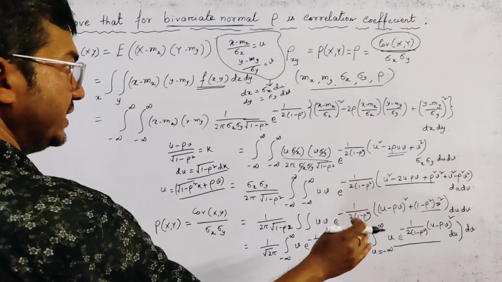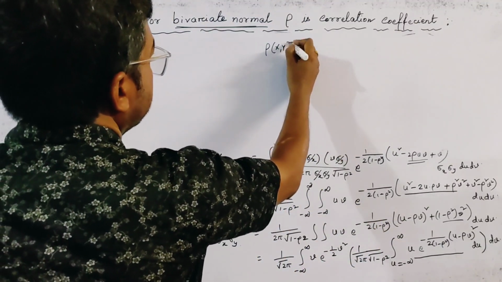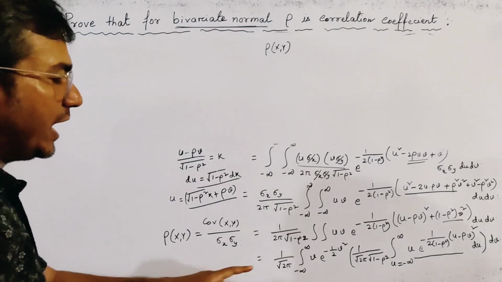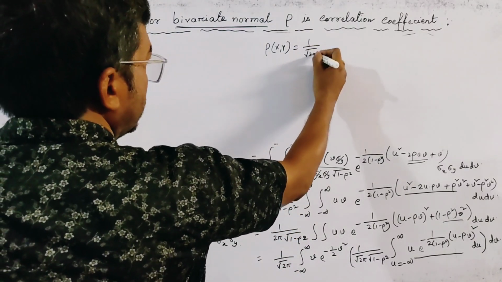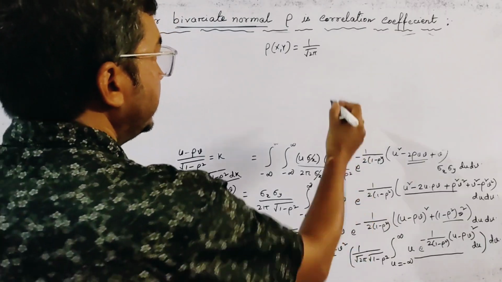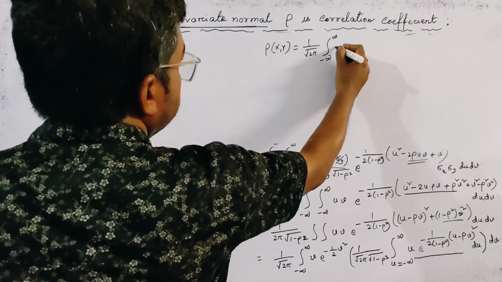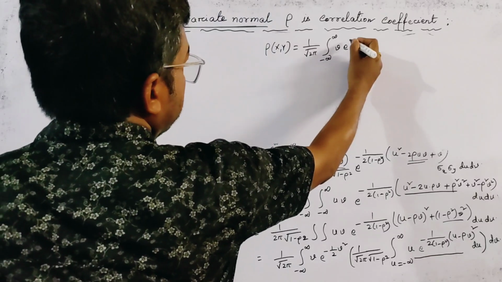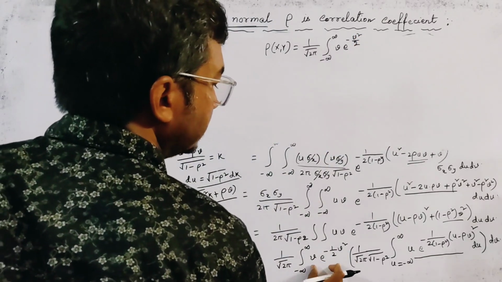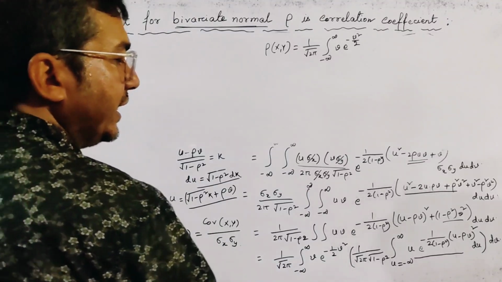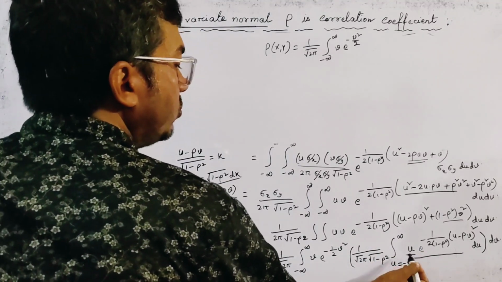We get the integration as, this is rho xy on the left hand side, and from the right hand side we write 1 by root 2 pi, the integration is minus infinity to infinity, this is v into e to the power minus v square by 2, this is the term, and for this term we put here the value of u.